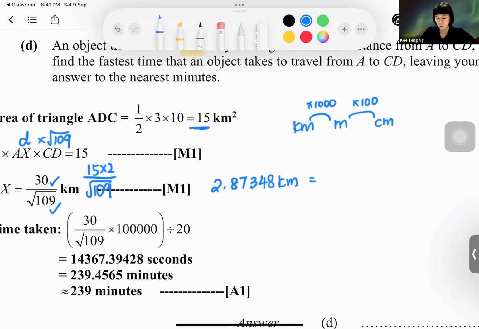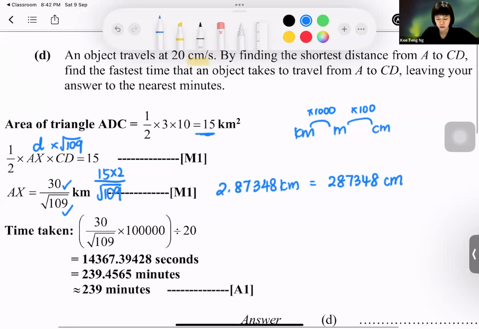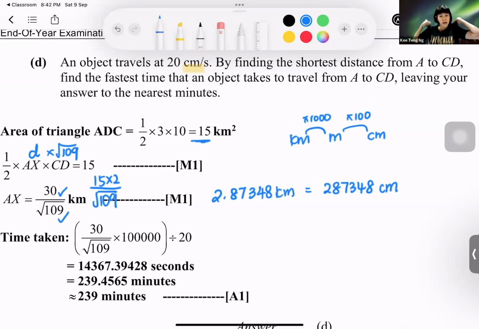Okay, then this one will become 287,348 cm, right? Then in order to find the time taken, distance divided by speed.